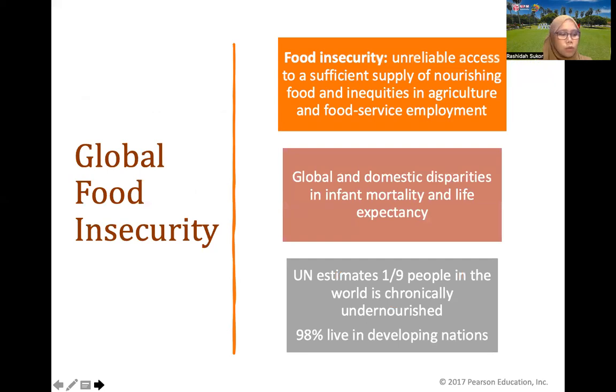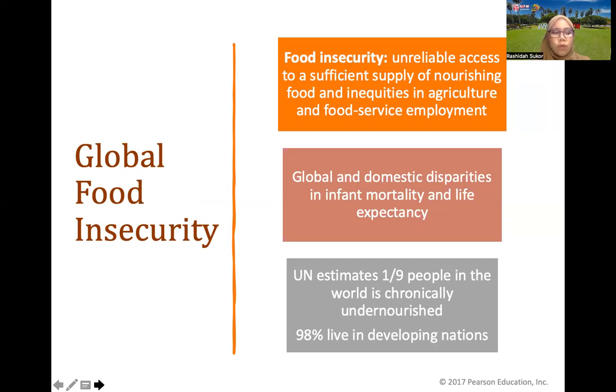Then we go to global food insecurity. This is talking about food security versus food insecurity. Food insecurity is unreliable access to a sufficient supply of nourishing food, and inequities in agriculture and food service employment.